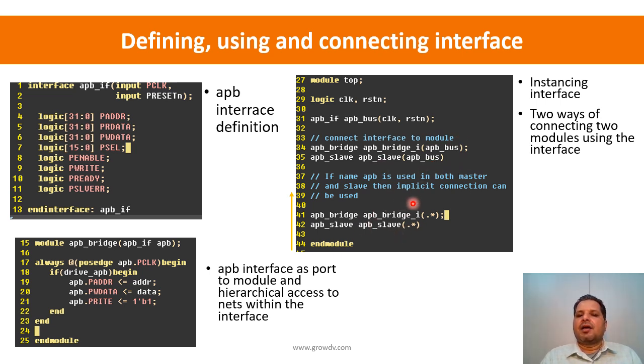And if the same interface is being used in both of these modules, like this APB bridge and the APB slave, you can also use this sort of implicit connection using the dot star, and it will automatically connect both of them together. So this type of implicit connection is also possible over here. Both ways of connecting the interface are possible.